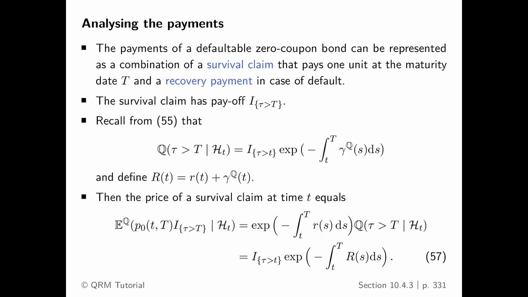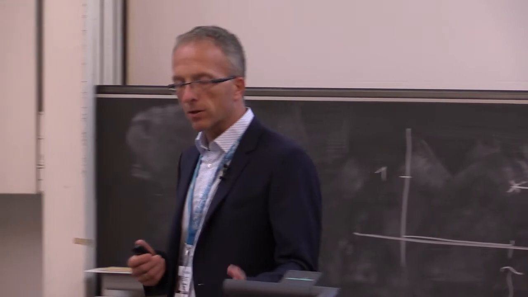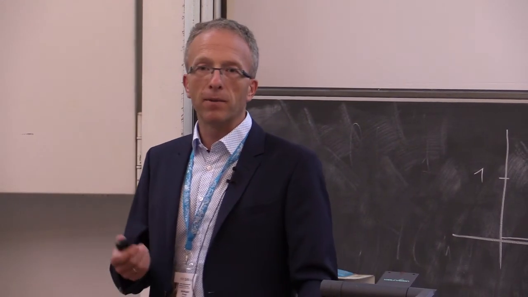Now, let's look at a typical corporate bond. Then you can decompose it into two building blocks. The one, the most important one, if you want, is a so-called survival claim. We assume the face value is 1, and if the underlying firm does not default, then at the maturity date, we will have a payment of 1.